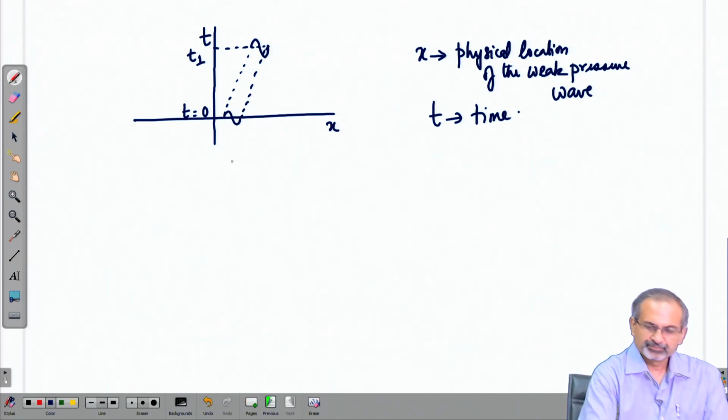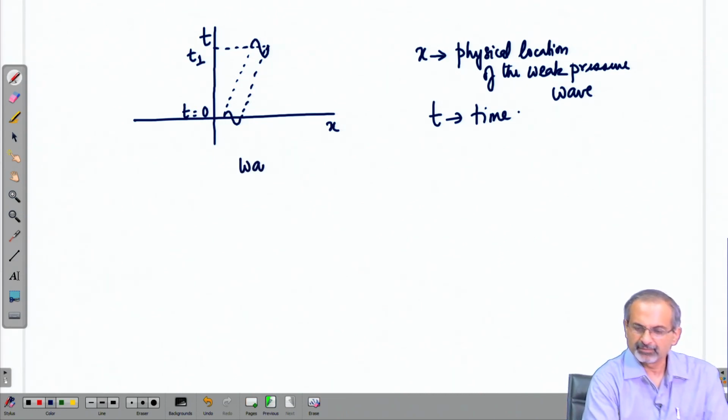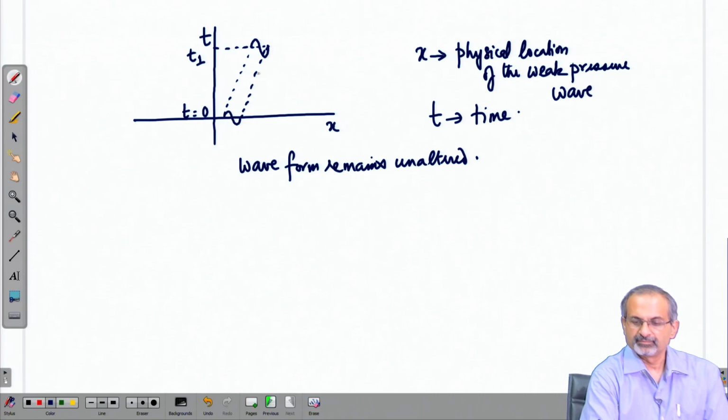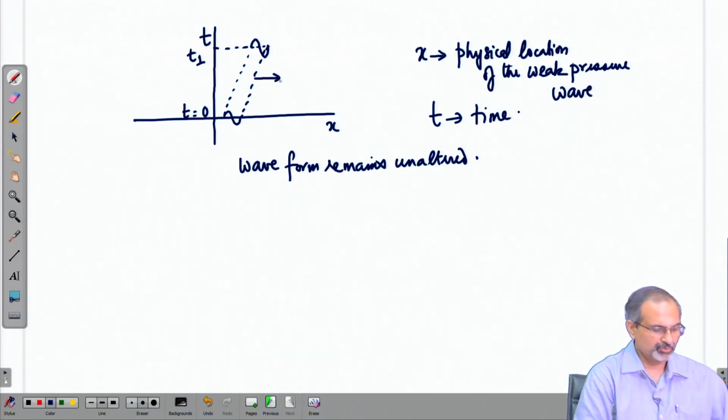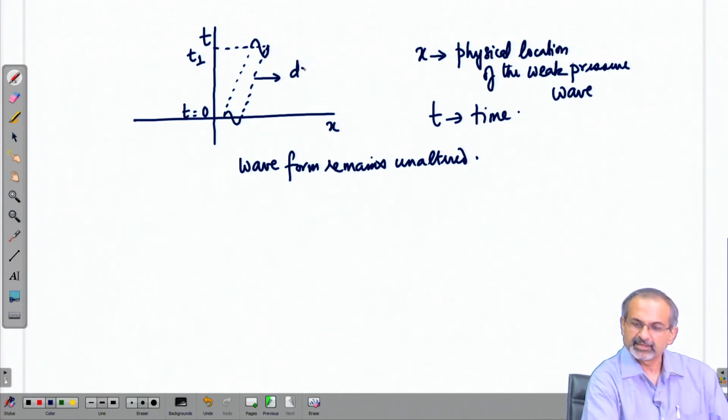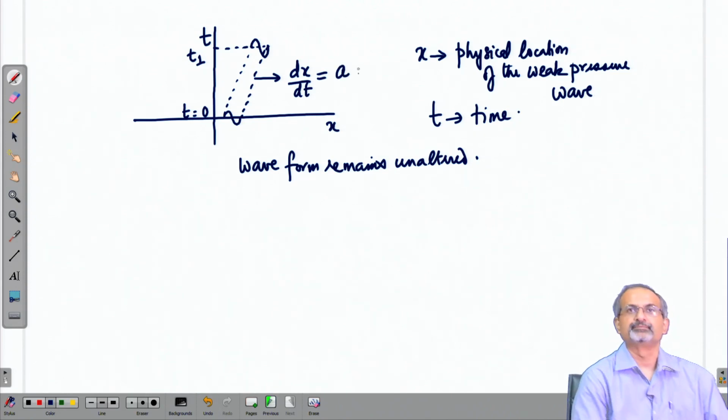And the waveform remains unaltered, and you can represent the propagation of that waveform by stating that dx dt is equal to a. That is the sonic speed.